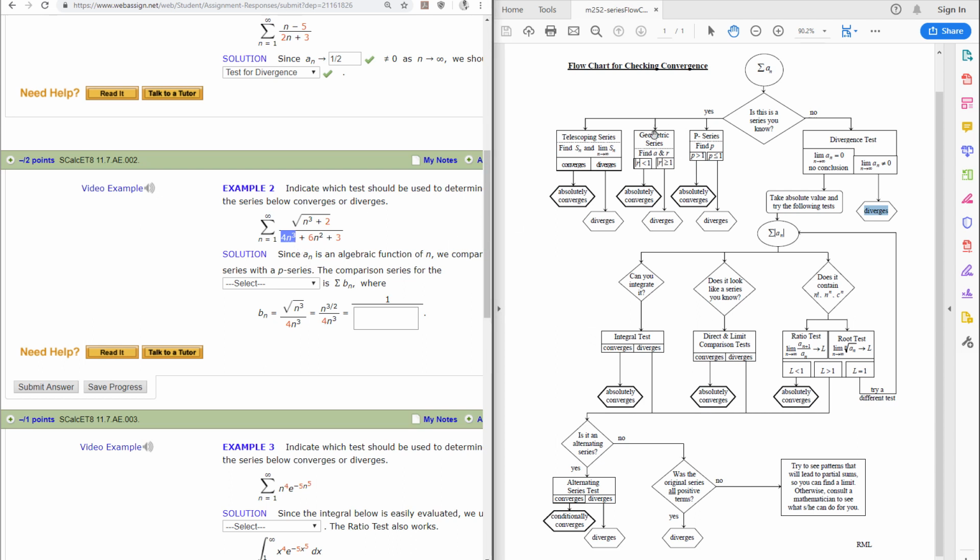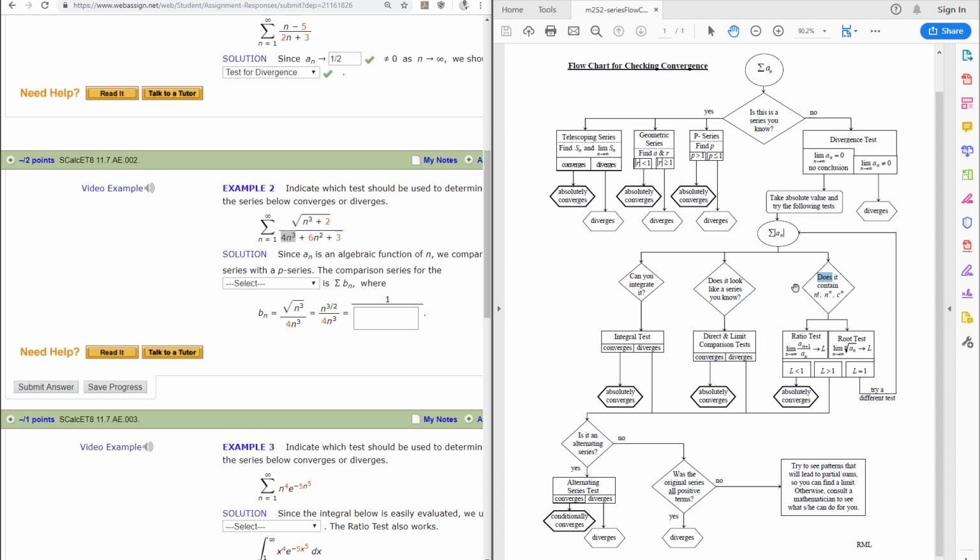So this is none of these. It's not a p-series. It's not a geometric series. If you do the divergence test, the power in the numerator is less than the power in the denominator, so the limit is going to be equal to 0, and it's going to have to be one of the other tests. I would not use the ratio test for this.